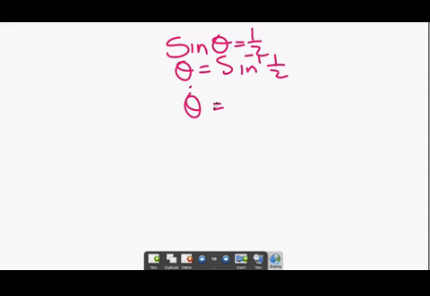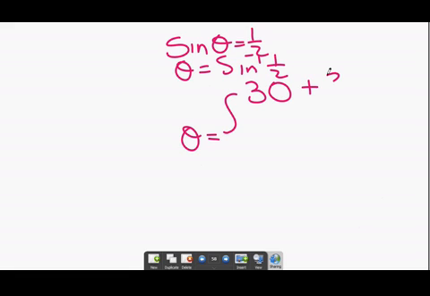Whenever I solve the equation for sine, I am going to get theta is equal to, the answer I get from my calculator will be 30 in this case. That 30 will be plus 360k.